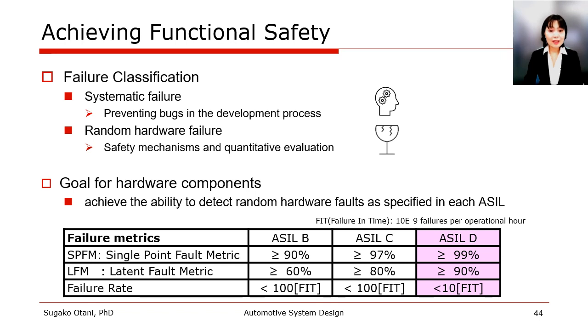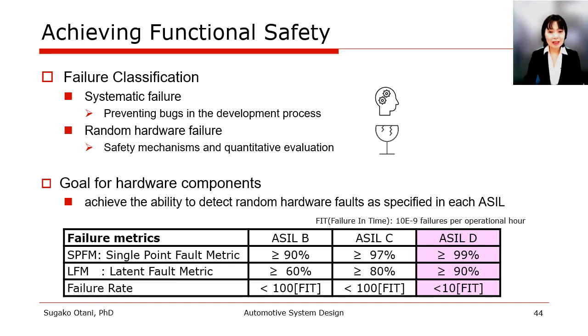A safety mechanism is a technical solution implemented by EE functions or elements, or by other technologies, to detect faults or control failures in order to achieve or maintain a safe state. Examples of safety mechanisms are ECC, error correction code, hardware redundancy, built-in self-test, and several others.